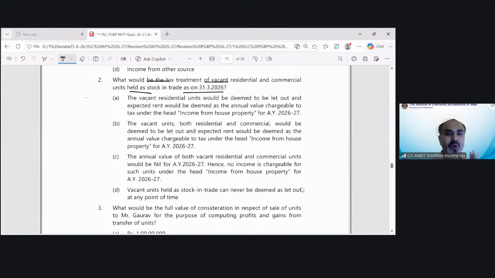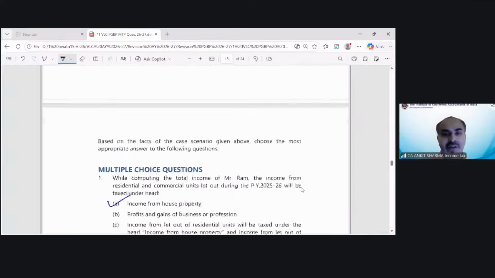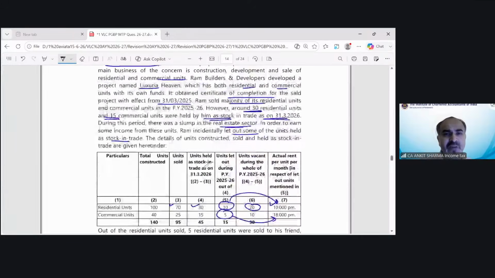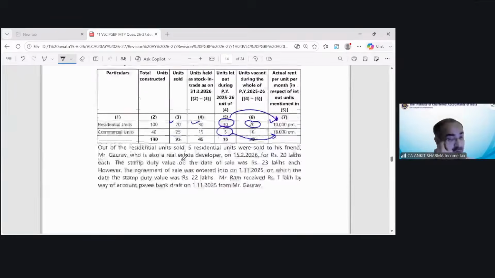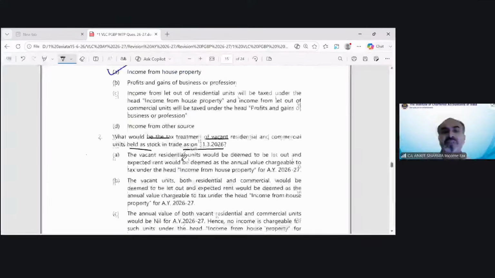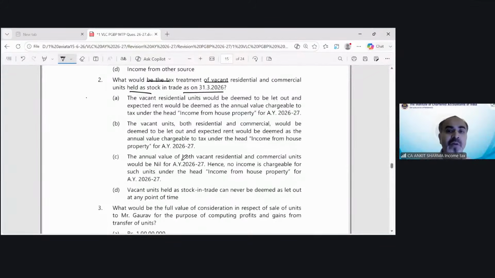Because the property has been constructed and the certificate has been received on 31st March 25, for 31st March 25, 31st March 26 and 31st March 27, the annual value would remain nil. The correct answer out of these three would be that the annual value of both vacant residential and commercial units will be nil for this year. Hence, no income from vacant property would be taxed under income from house property.